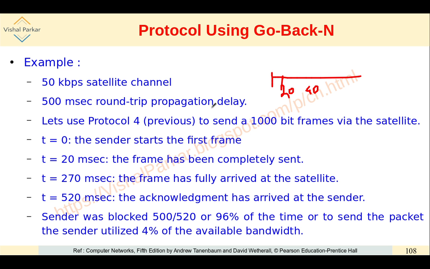Now, if you consider this total scenario, for 500 of the 520 milliseconds, that means 96% of the total time, the sender did not do anything. That means the sender was blocked. And for the rest of the time, only 4%, the sender was busy, and thus the sender utilized 4% of the available bandwidth.